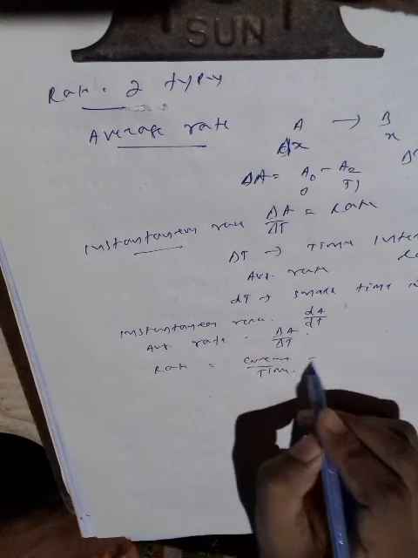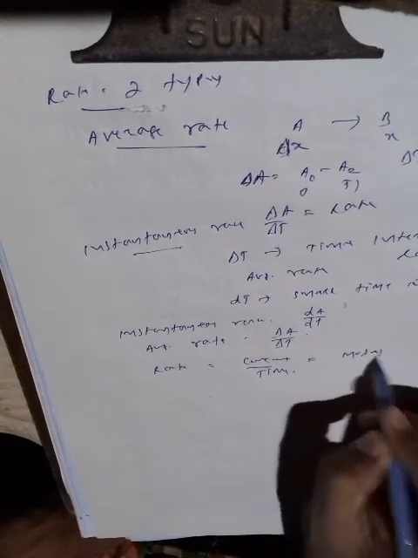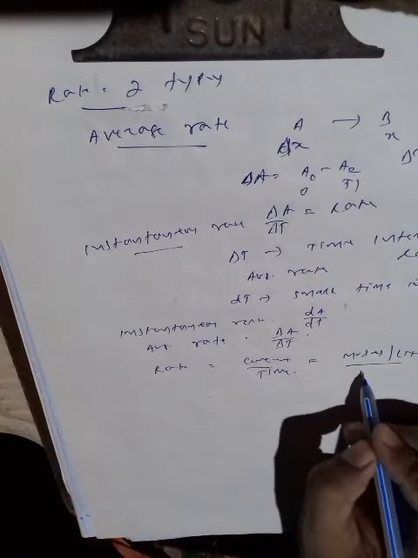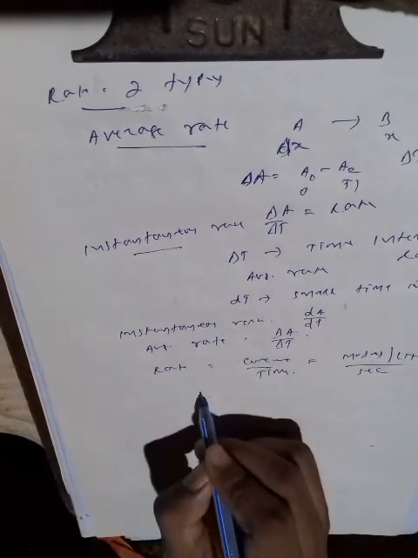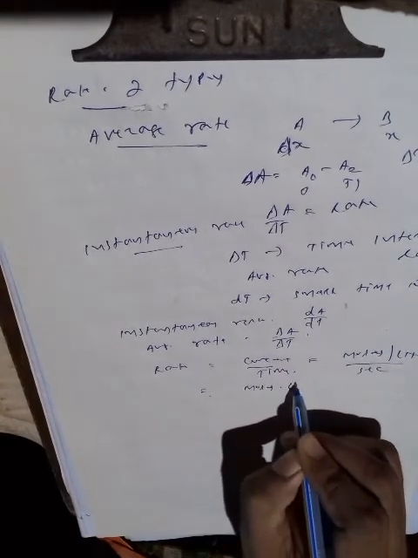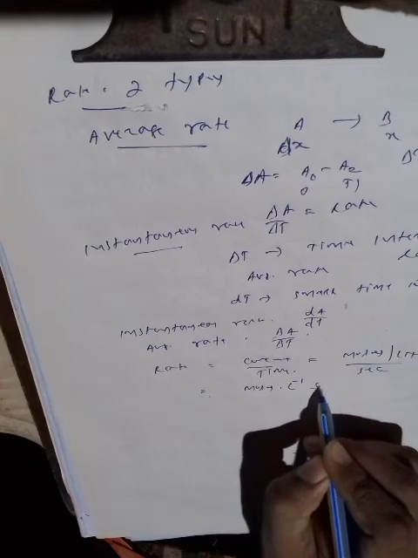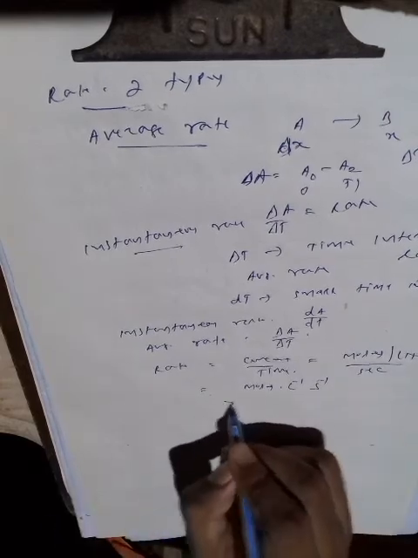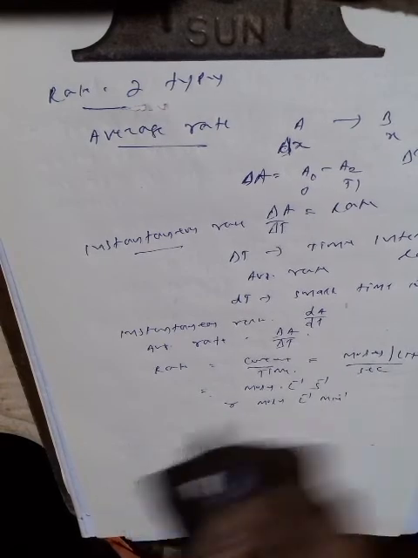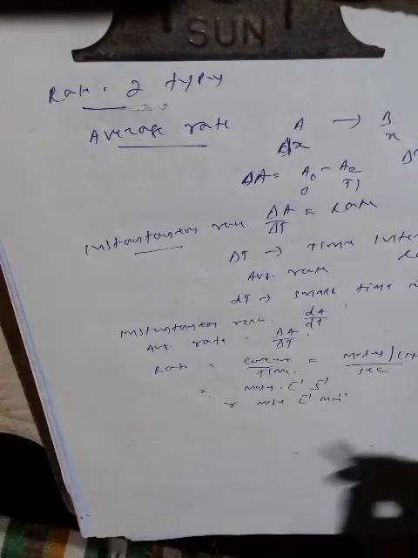The unit of concentration is moles per liter, and the unit of time is either minute or second. So the unit of rate is moles per liter per second, or moles per liter per minute. Okay, so this is all about the rate.